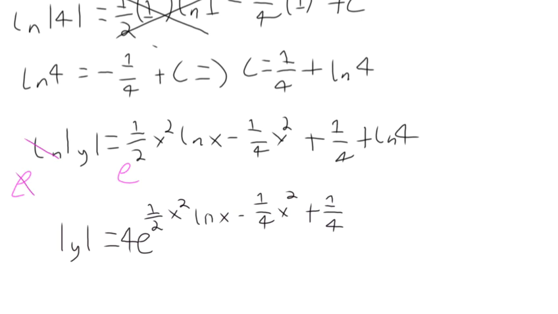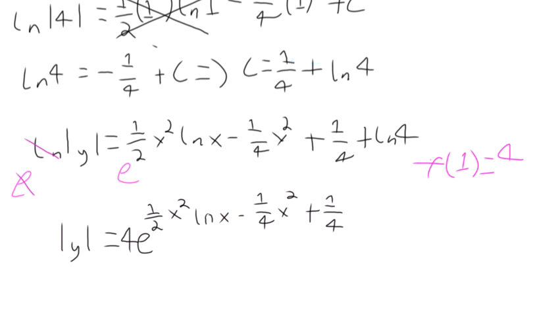All right, now we can see about the absolute value, because we know that we're using the initial condition f of 1 equals 4. And if you plug in 1 right here, it will satisfy this, because basically you'll have e to the 0, right? When you plug in 1, you have a 0 here, and then you have negative 1/4 plus 1/4, and that should equal 4.